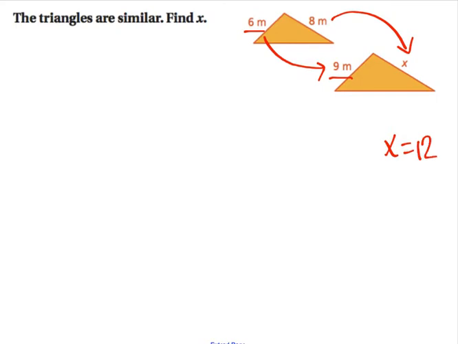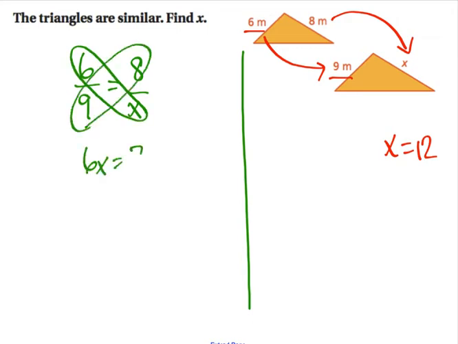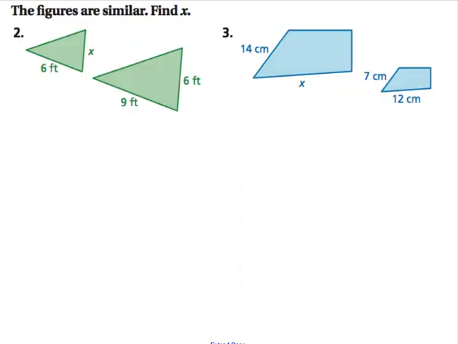Or let's look at doing it with proportions. 6 compares to 9 the same way 8 compares to x. Now if we cross multiply here, we get 6x equals 72. If we isolate the x, we get x equals 12. Same answer, different method.